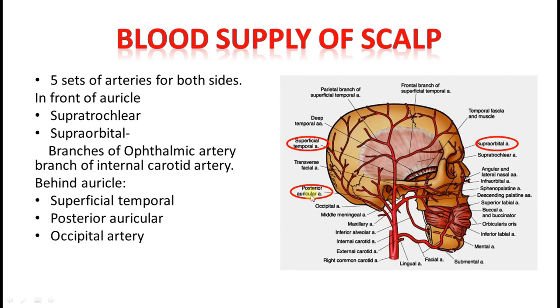Behind the auricle, two arteries: one is the posterior auricular and the other is the occipital artery. So 3 arteries in front, 2 arteries behind. The first 2 are branches of the ophthalmic division of the internal carotid artery. The remaining 3 are branches of the external carotid artery. So actually there is an anastomosis between the internal and external carotid systems of arteries in the scalp.